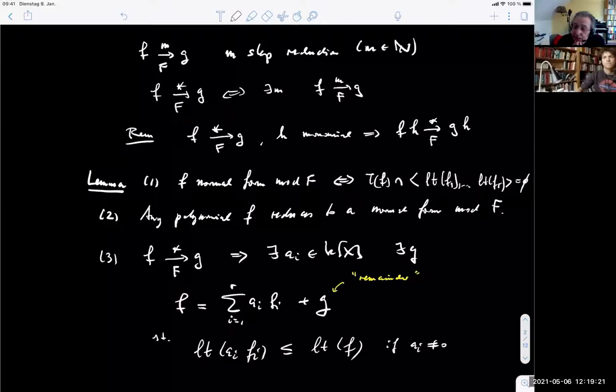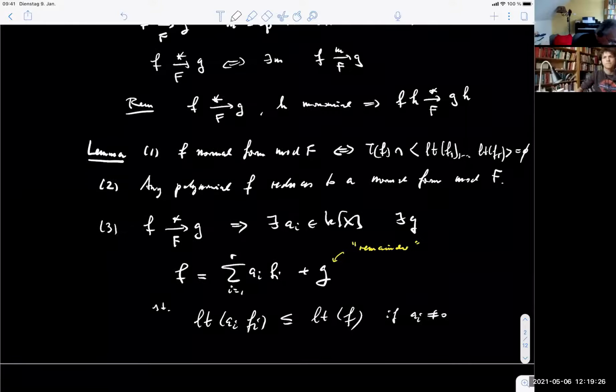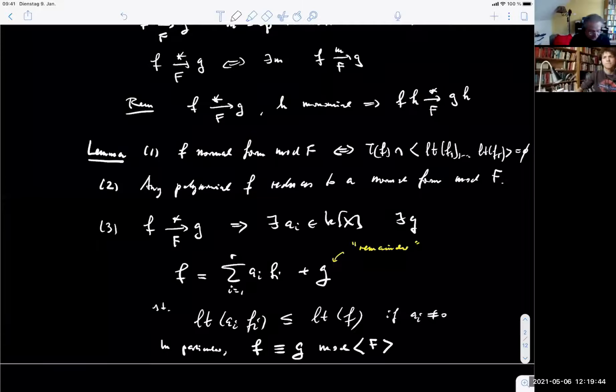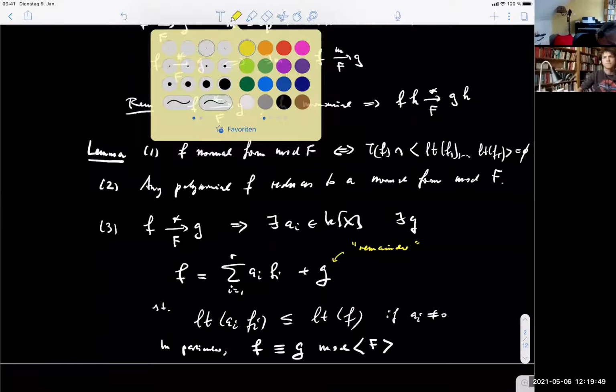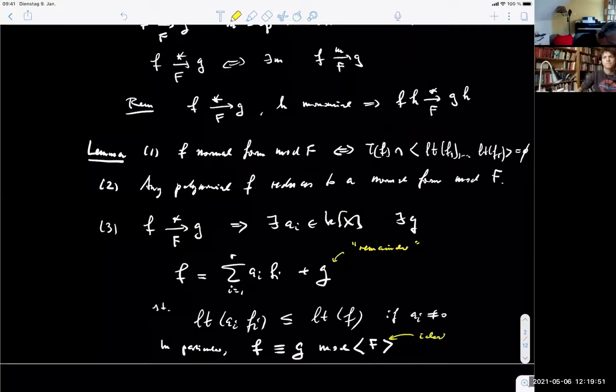In particular, I see f is congruent to g modulo the ideal generated by F. The ideal generated by the set of polynomials F, I write with these brackets. So this stands for the ideal generated by the set of polynomials F.